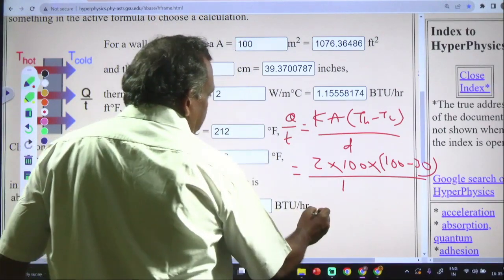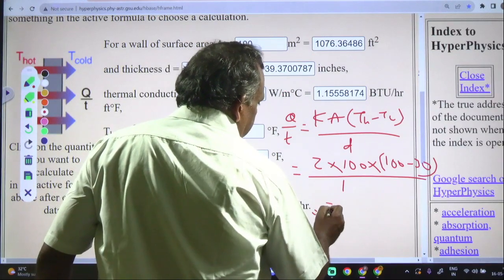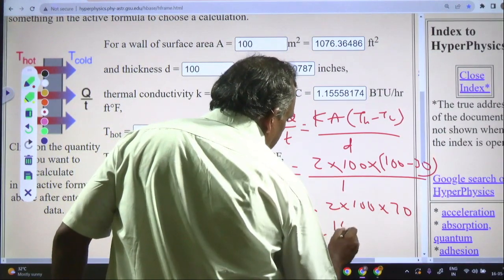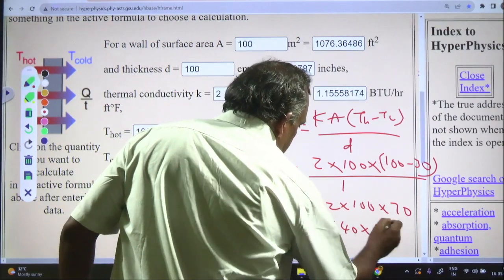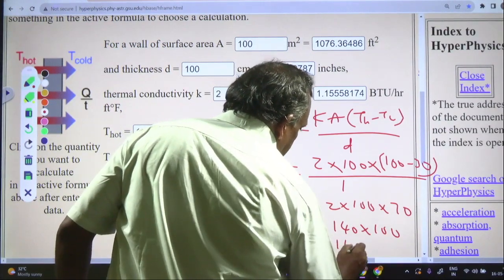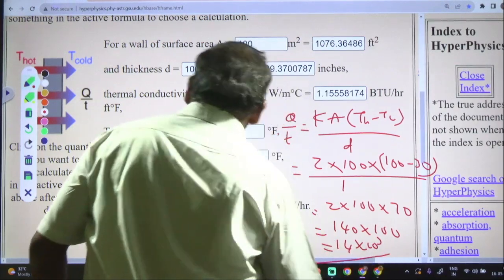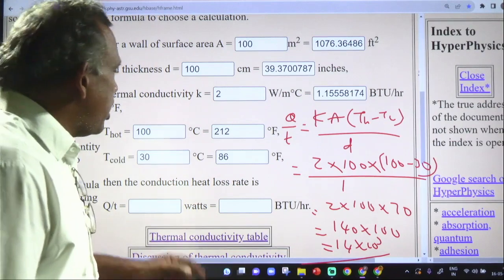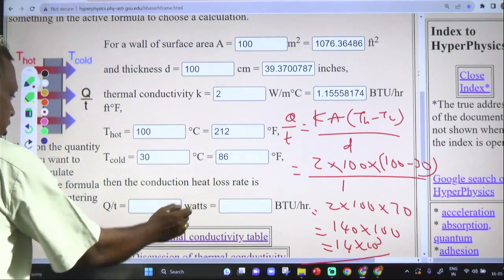So 2 into 100 into 70 is 140 into 100, approximately 14,000 watts. This is the value you are supposed to get.